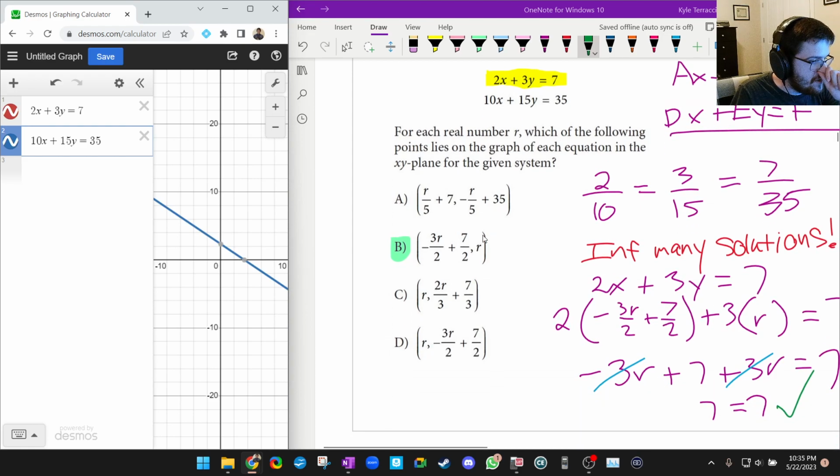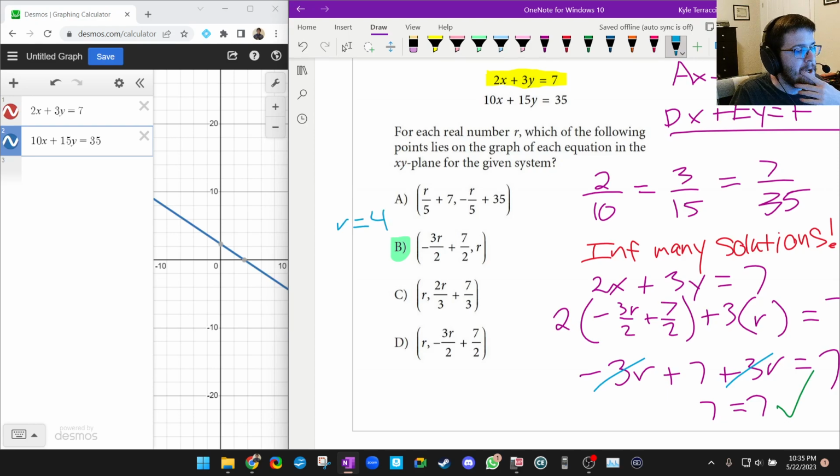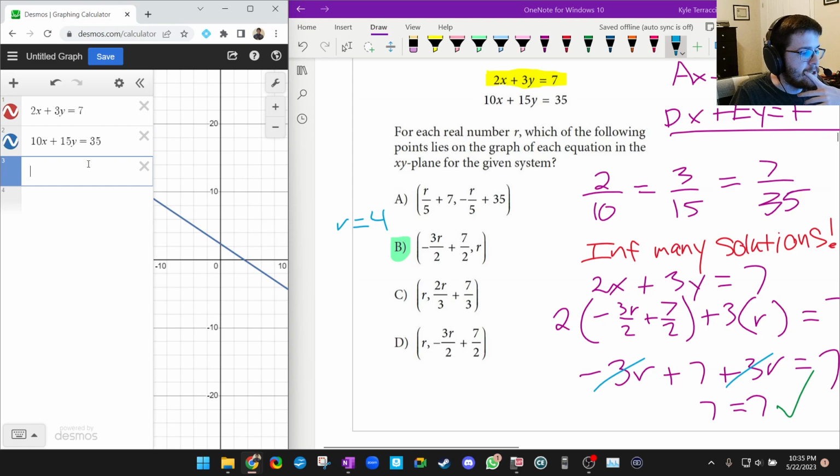Okay, so let's see. Is there anything we can do with these guys? Here's an idea. I don't know if it's going to work. But why don't we make r a real number, like 4, just arbitrarily. Let's do that. So I'm going to make r 4.